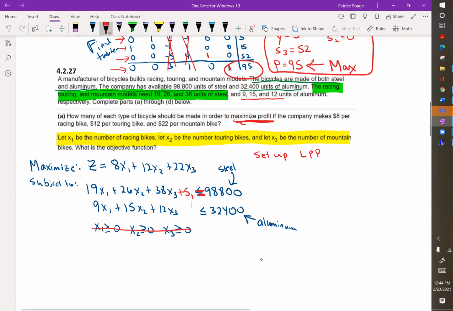Since I already have x1 as racing bikes, x2 as touring bikes, and x3 as mountain bikes, I now have S1, and it's on my steel equation. It is going to be leftover steel. On my second inequality, 9x1 plus 15x2 plus 12x3 plus a slack variable, we'll say S2, equals 32,400. And S2 is going to be leftover aluminum.